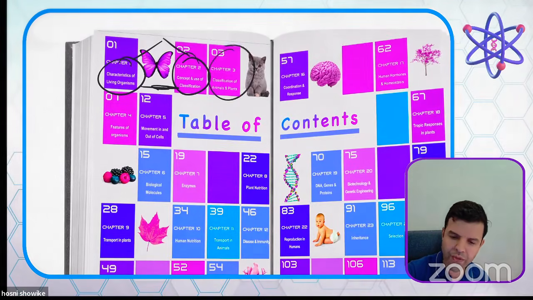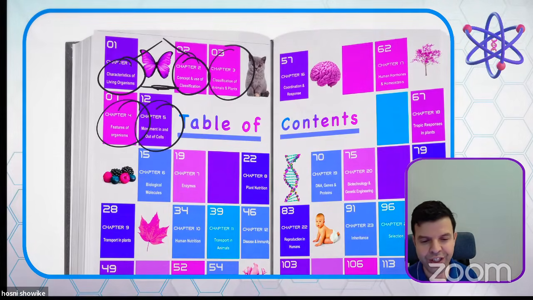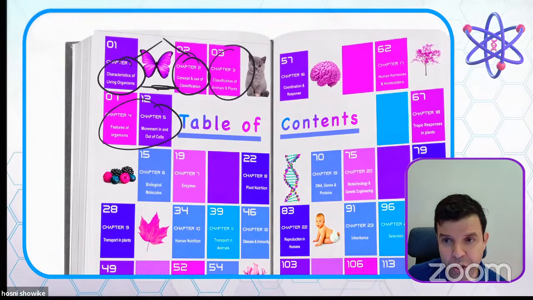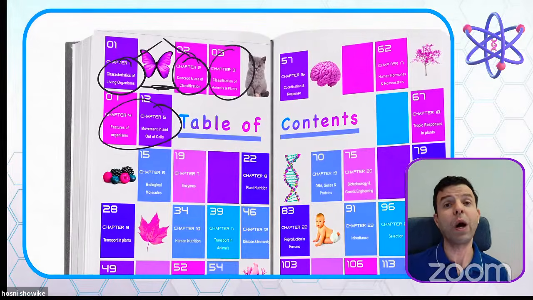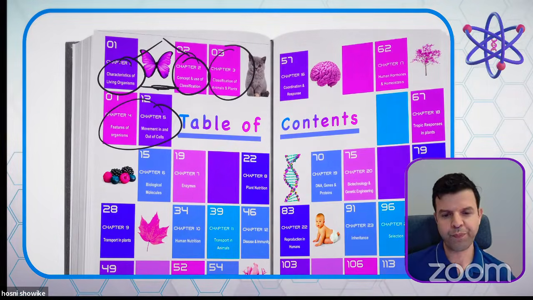Those are the ones that I call the foundation of biology. They talk about cells, they talk about molecules. So those are the topics that will prepare you for all the other topics of biology.